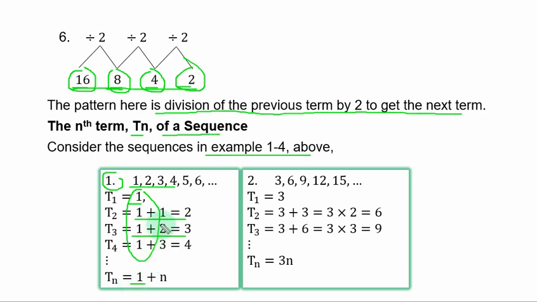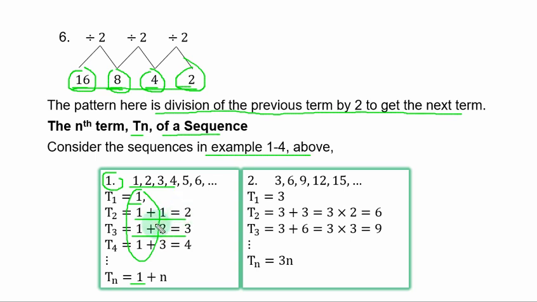Now observe the pattern. Here is 0, you have 1, you have 2, and 3. That means when n is equal to 0, you have the first term. When n is equal to 1, you have the second term.